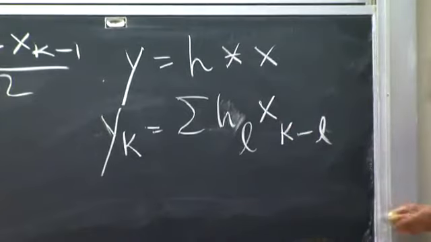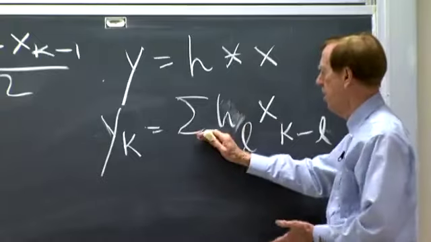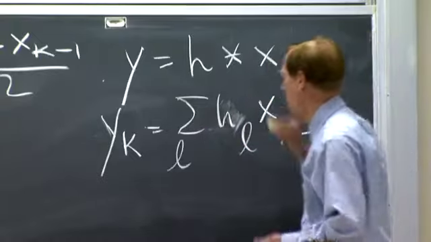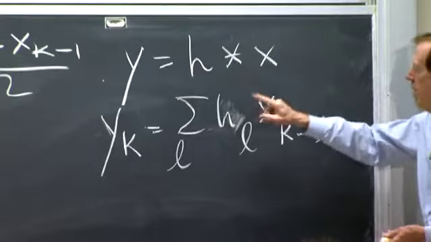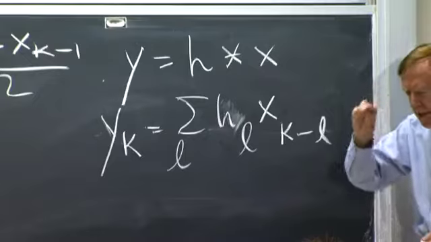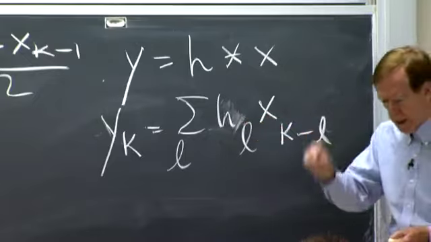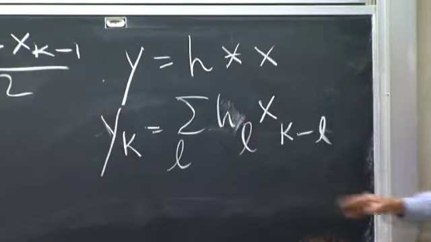That's what convolution is. This is our famous sum, in principle the sum over L's. So the filter is defined by these numbers h, h0, h1, and so on.